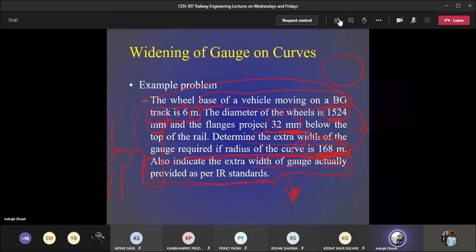So here in the problem statement, D is given in millimeter. So in order to use that equation, L is equal to 0.02 square root of h squared plus Dh, that D has to be in centimeter. So D is 152.4 centimeter. Okay.